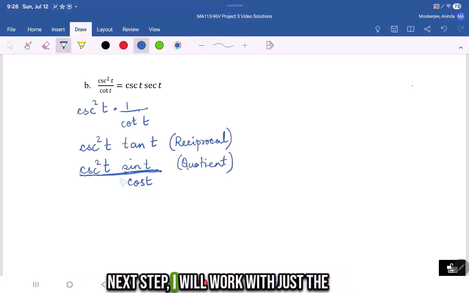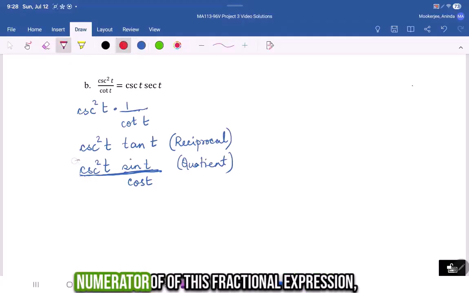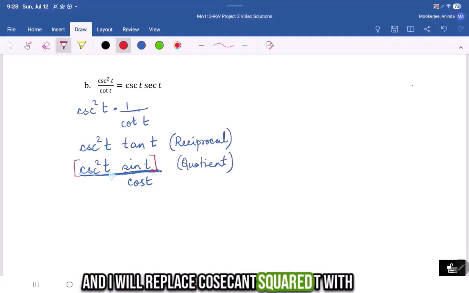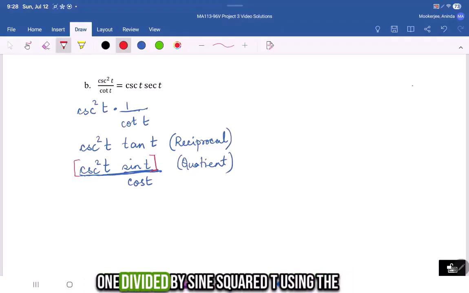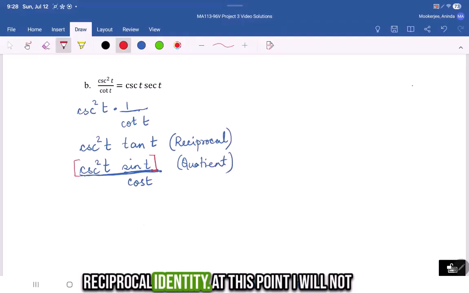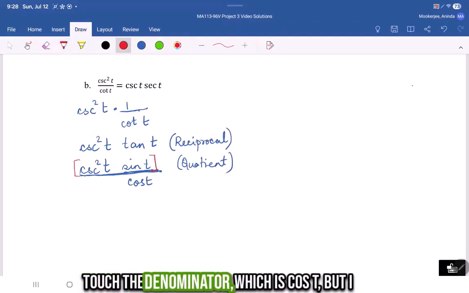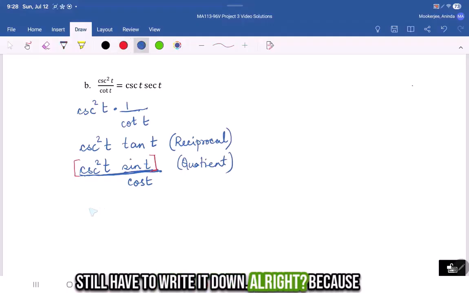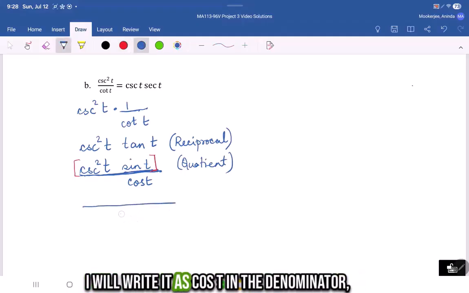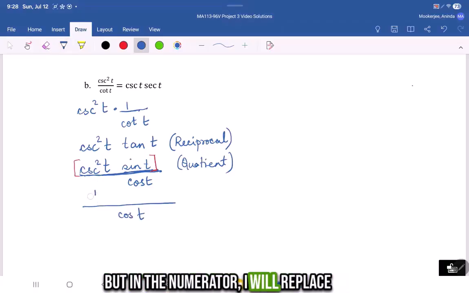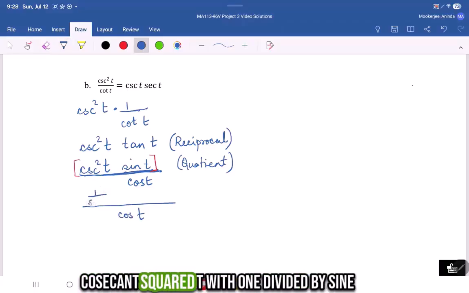Now in the next step, I will work with just the numerator of this fractional expression, and I will replace cosecant squared t with 1 divided by sine squared t using the reciprocal identity. At this point, I will not touch the denominator, which is cos t, but I still have to write it down, all right? Because I will write it as cos t in the denominator, but in the numerator I will replace cosecant squared t with 1 divided by sine squared t.